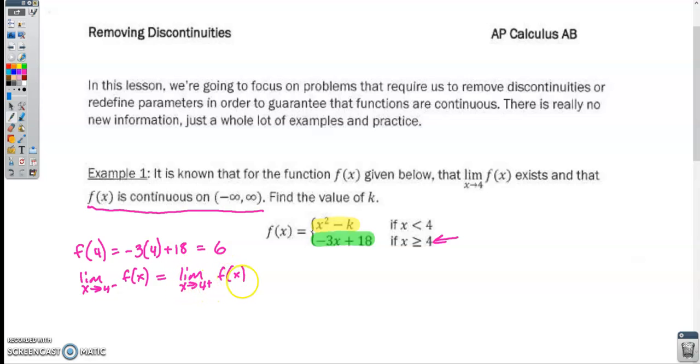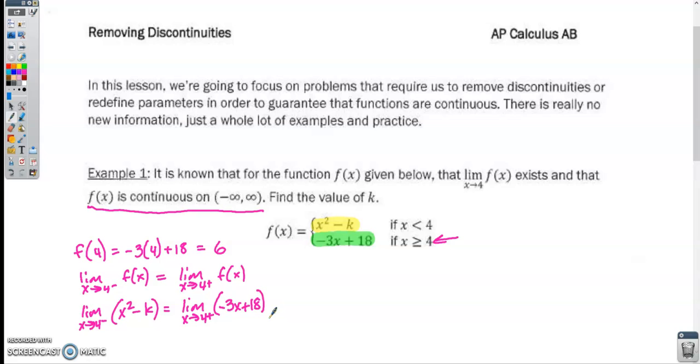So the limit as x approaches 4 from the left of f of x is, sorry, got a little bit ahead of myself there, writing-wise. Well, which of these branches is the one where x is coming to 4 from the left? It's where x is less than 4. So it's this branch, the x squared minus k branch of the curve. And the limit as x approaches 4 from the right is going to be the other branch, negative 3x plus 18.